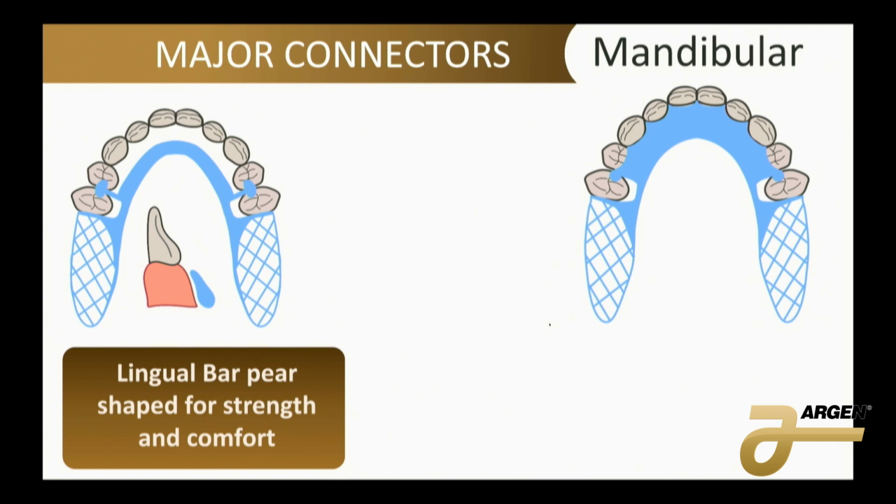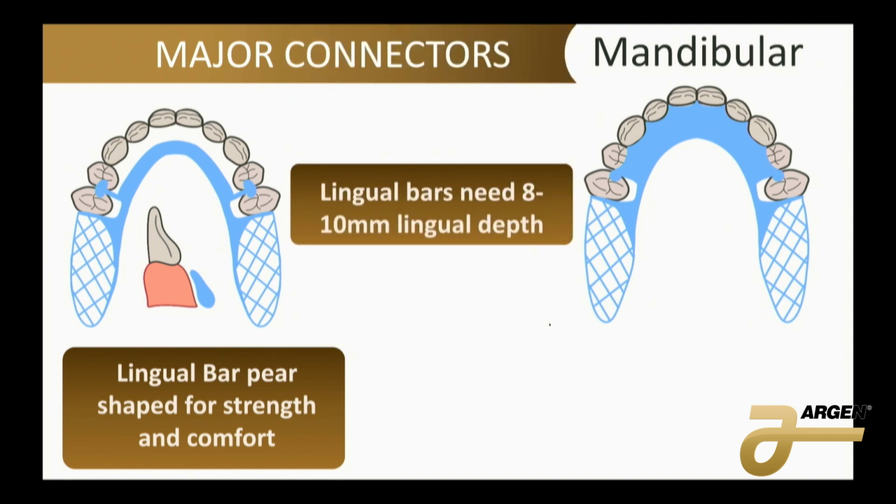The reason why is that when we're speaking and using our tongue, we don't have this weird square blob right on the back of our jaw, right? We want it to blend down into our tissue. So the lingual bar has to have 8 to 10 millimeters of space, meaning on your model, you have to have that much space between the gingival margin of your tooth and the depth of the sulcus. And we'll get into why in 1 second.